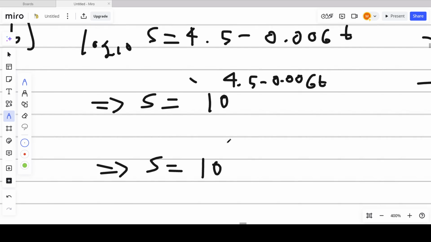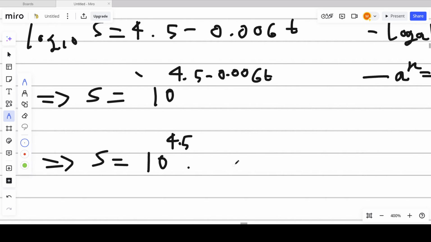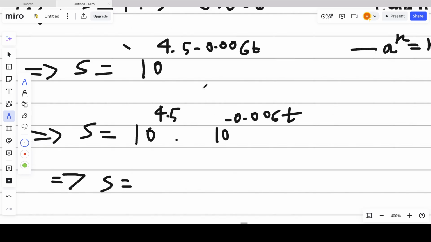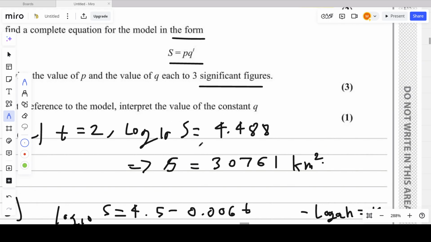Now you need to simplify it. S equals 10 to the power 4.5 times 10 to the power negative 0.006 t. We need to keep it in the form P Q to the power t.